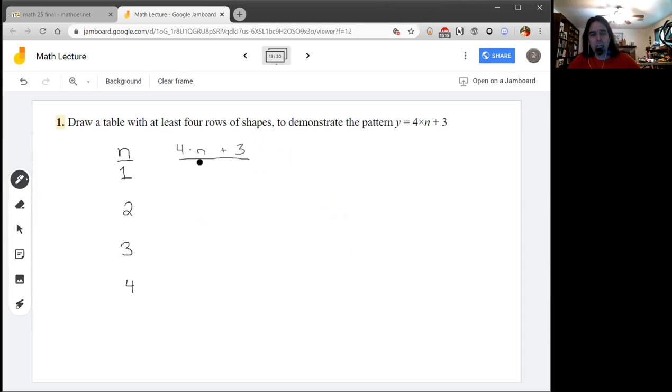So 4 times 1 is 4, plus 3 is 7. 4 times 2 is 8, plus 3 is 11, and so on. We're going to get 4 bigger each time. We could keep going, but it says 4 rows is enough, so I'll only do what it's asked.